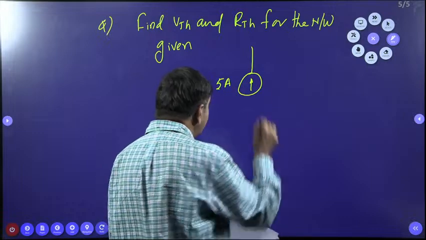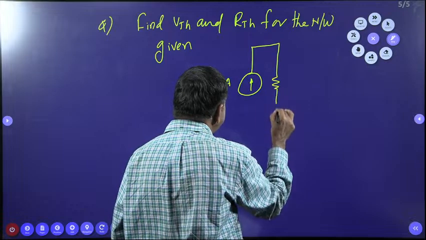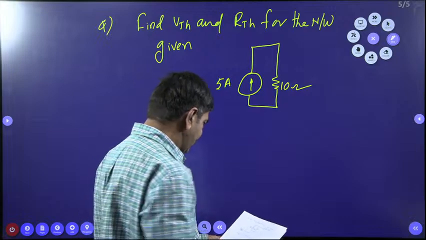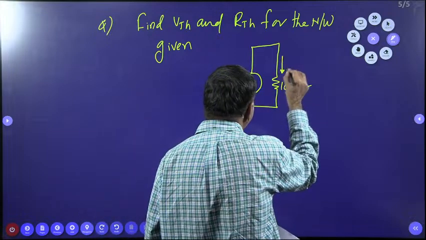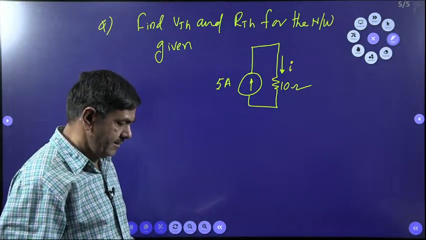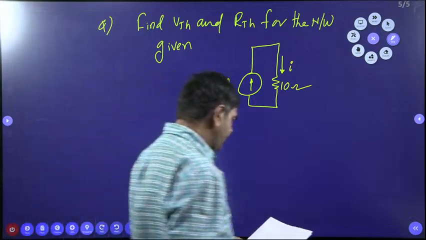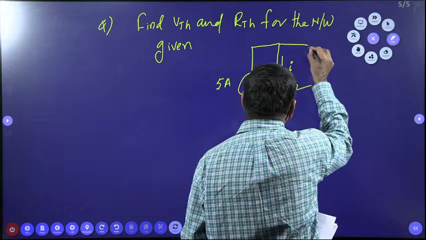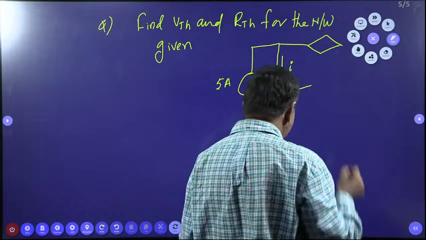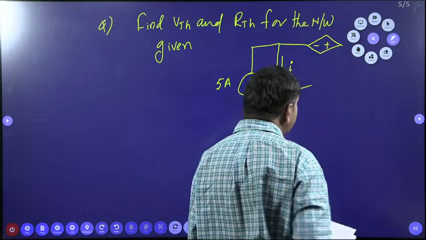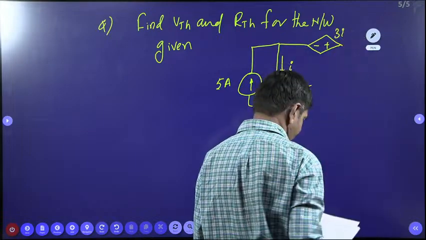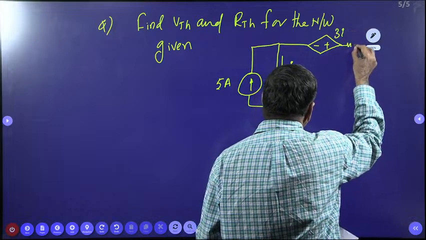5 amperes. A resistance of 10 ohms is connected here. The current passing through the 10 ohm is given as I. Current through this is that much value. And 3I, there is one dependent source, minus and plus. That voltage is given as 3I. Here it is connected with a 2 ohm resistor.